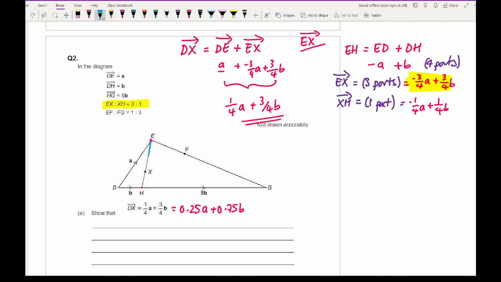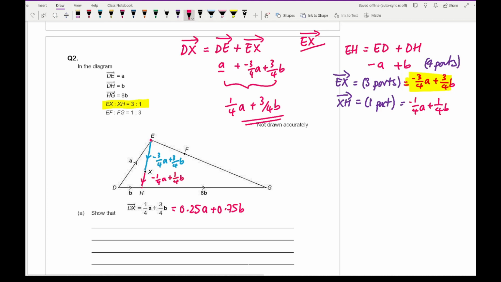So this blue length here going in this direction, E to X, is minus 3/4 A plus 3/4 of B, and X to H is minus 1/4 A plus 1/4 B.